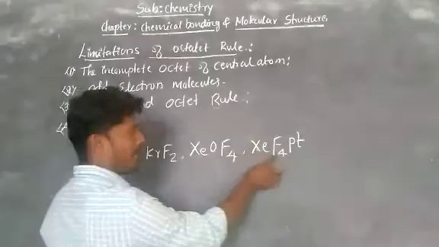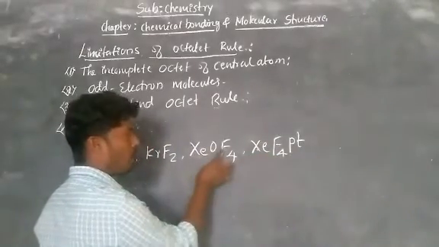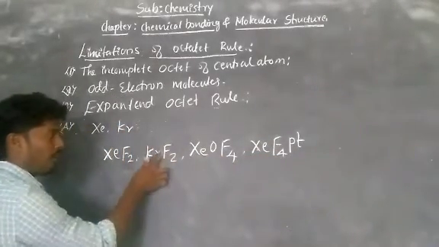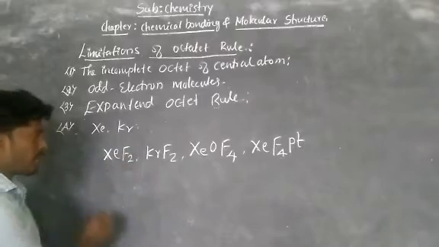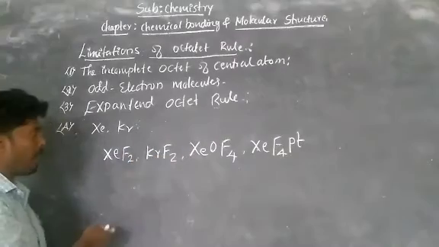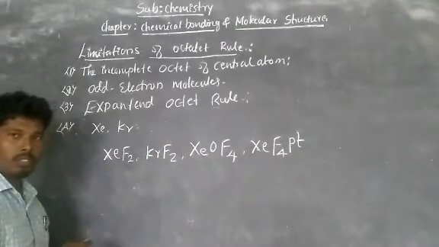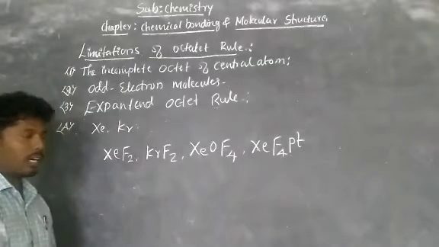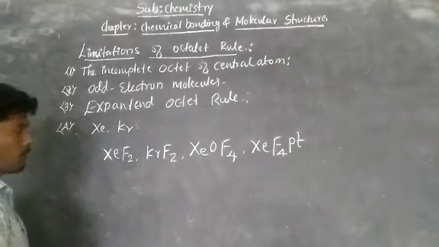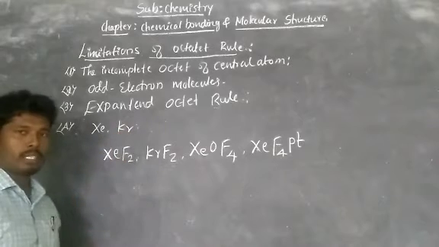These compounds are some examples of xenon or noble gas compounds. So here the octet rule fails: this is limitation number 4.